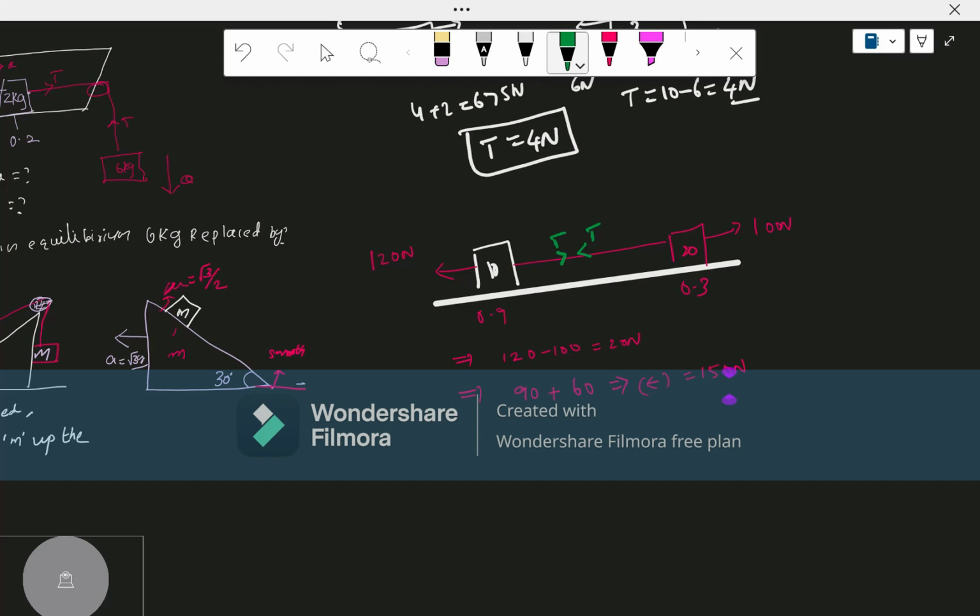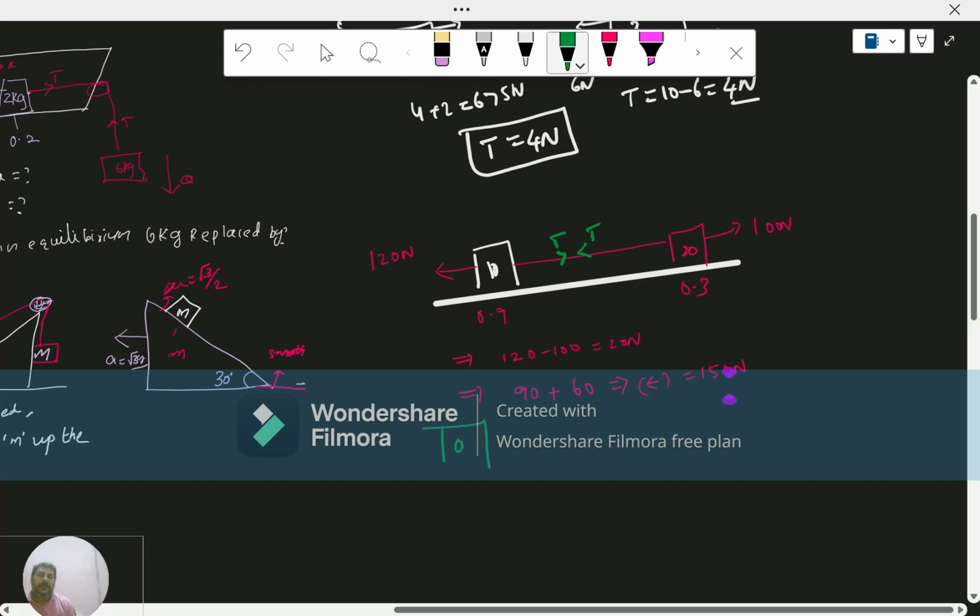To find out the tension here, we come to know they are not moving. So take the 10 kg block as a free body diagram. On the 10 kg, here 120 newtons is there, and in the other direction 90 newtons are there. Then this is T. They are not moving. As they are not moving, T is equal to 30 newtons.